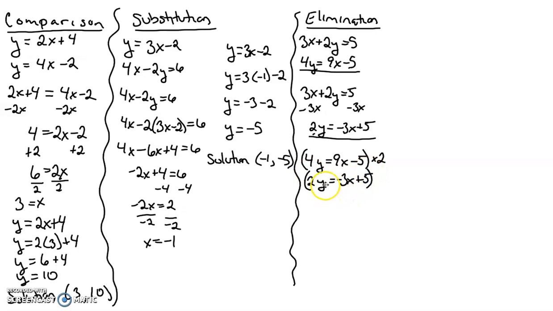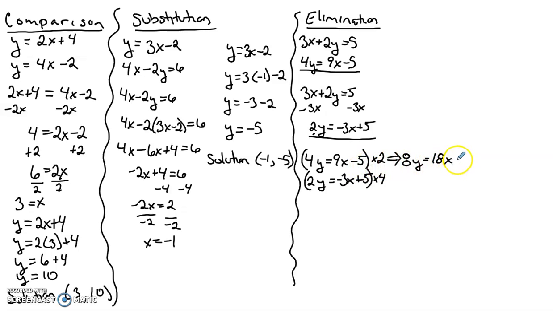And we can multiply everything in our bottom equation by the coefficient that's in the top one. So we're just multiplying by the opposite coefficients. We'll multiply by 2, and down here we'll multiply by 4. When we do that, we end up with 4 times 2 is 8, so we have 8y. 9 times 2 is 18, so it equals 18x.